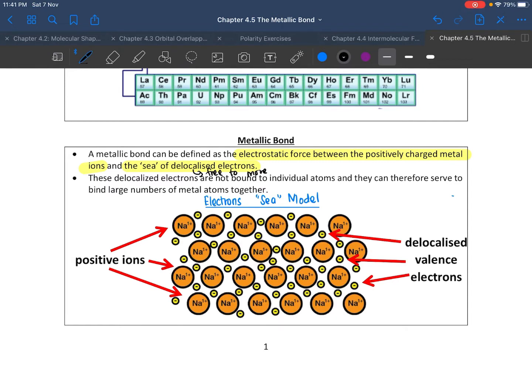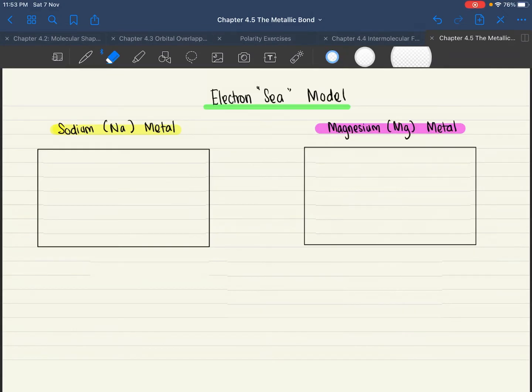So, this diagram here adalah diagram yang salah. Okay, so this diagram salah lah, cara drawing tu salah, saya baru sedar. Okay, so let us learn how to draw the correct Electron Sea Model. Okay, so jom kita belajar macam mana cara nak draw Electron Sea Model.